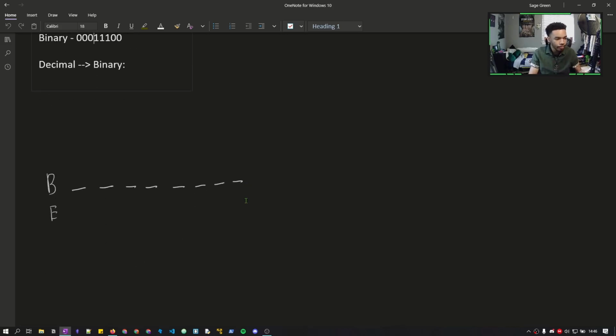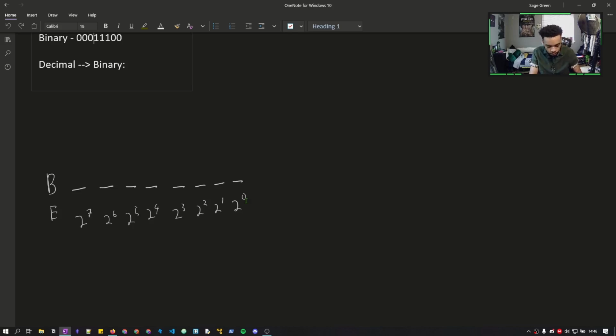Each bit has a value, and this value can be represented by an exponent. So this would be 2 to the 0th power, 2 to the 1st power, 2 to the 2nd, 2 to the 3rd, 2 to the 4th, 2 to the 5th, 2 to the 6th, and 2 to the 7th. This E stands for exponent, because these are all exponents.